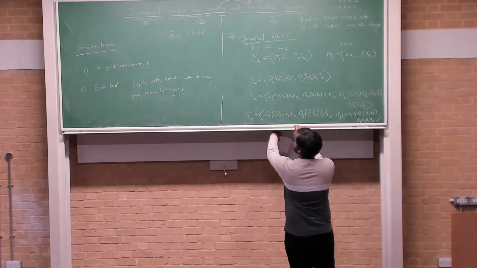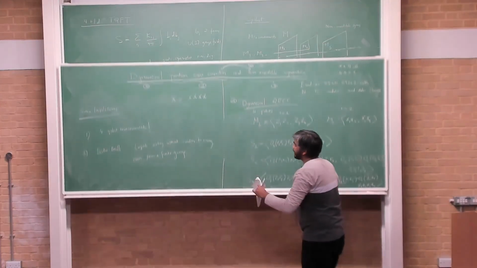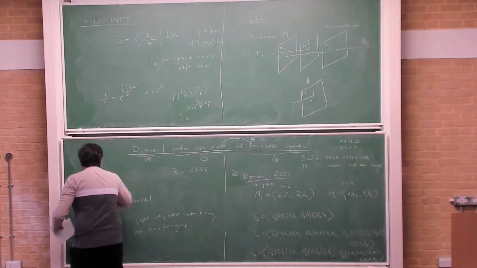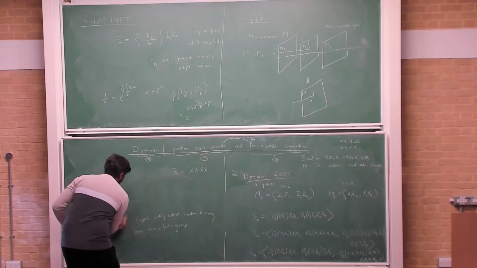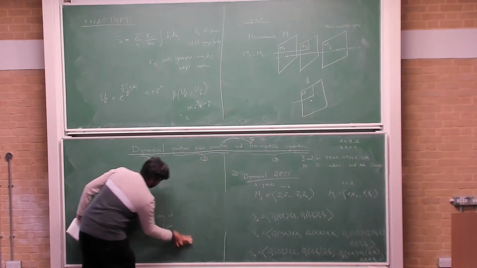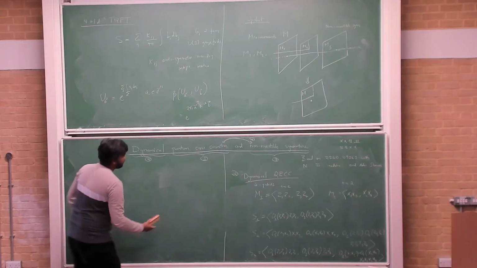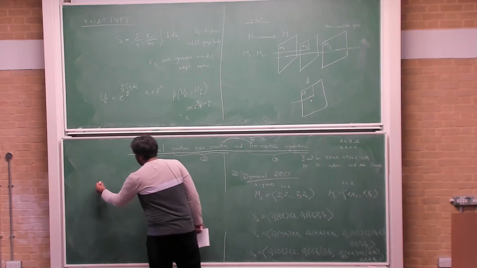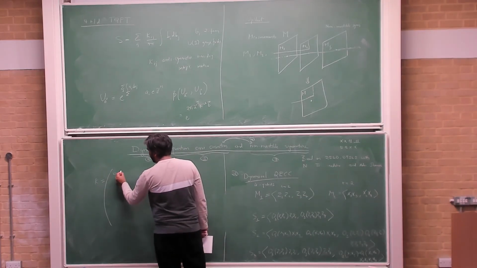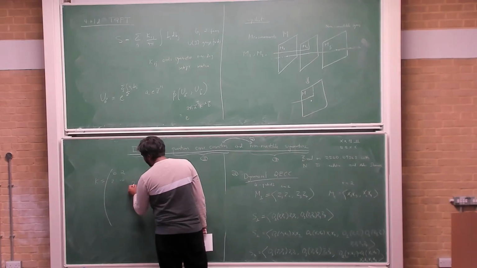So this is the last part. I'll just write down the K. This is the simplest case, where I choose K to be the case of qubits.